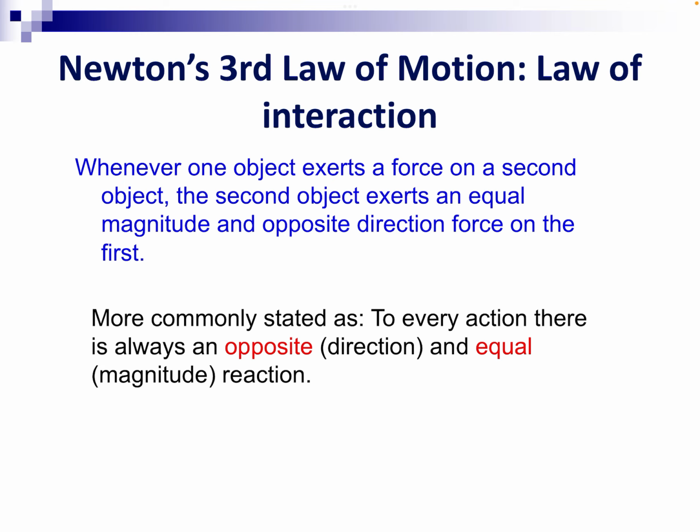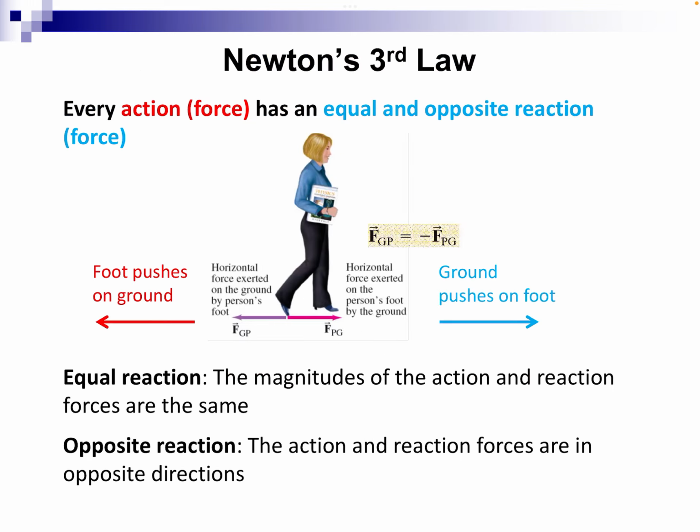So there are two objects interacting with each other and exerting force on each other. That's why it's called the law of interaction. It's more commonly stated as: to every action, there is always an opposite direction and equal magnitude reaction.